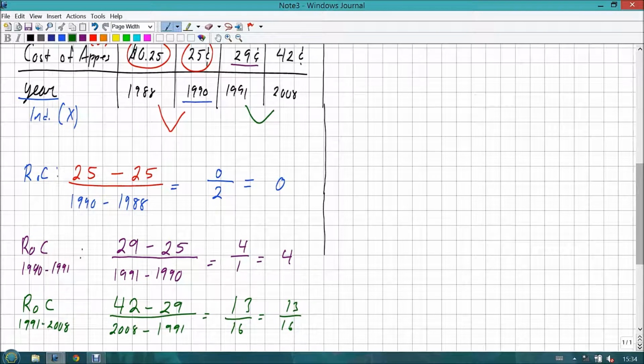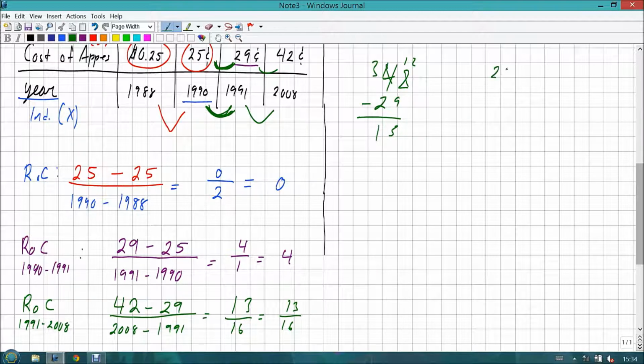Whereas between 1990 and 1991, even though the change up here looks small, because the change in the years was also small, it makes for a large overall change. And if we look at the change from 29 to 42, I'm going to double check the numbers on that. 42 minus 29 gives us 13.